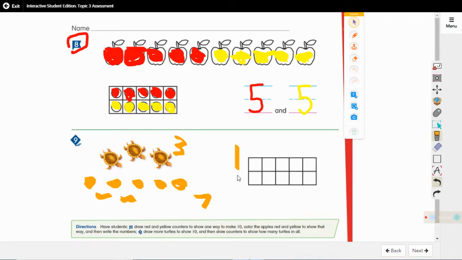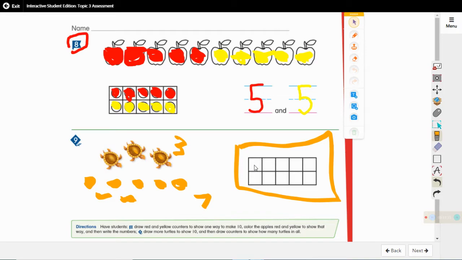Now over here in your 10 frame, and you don't need to circle it like I did. I just did that so you could see where I was at. You need to draw counters for your total number of totals. So how many did we have total? Do you remember? It was 10, wasn't it? Because we were drawing enough totals to make 10.